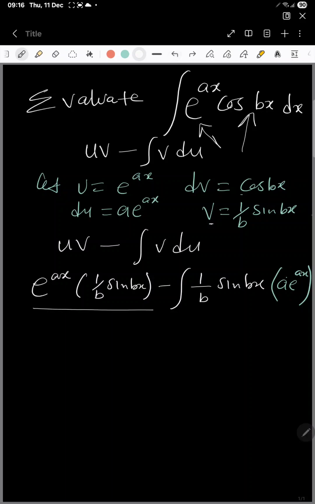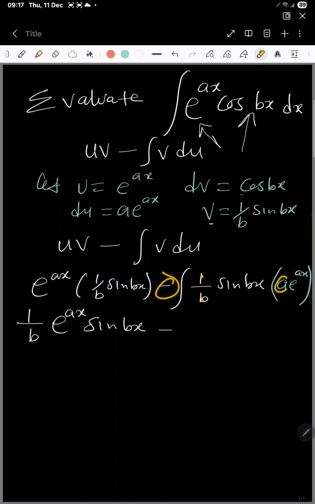By doing so, we are going to have e to power ax times sine bx. The 1 over b is a constant, so it comes outside. Then we remain with e to power ax sine bx. Minus, we have this minus here, and then we multiply 1 over b times the a there, because these two are constants, so you can multiply them.